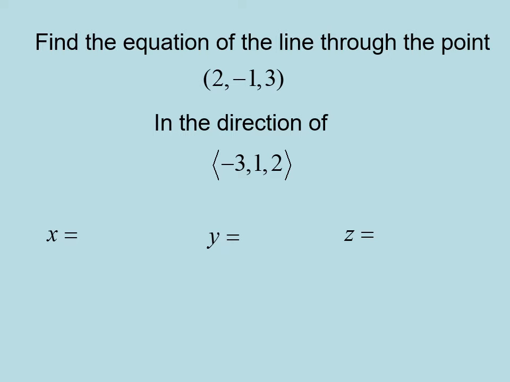Now, for this example, we're going to write the parametric equation for this line. So we're going to take the 2 and -3, and that'll give us 2 minus 3t for x.